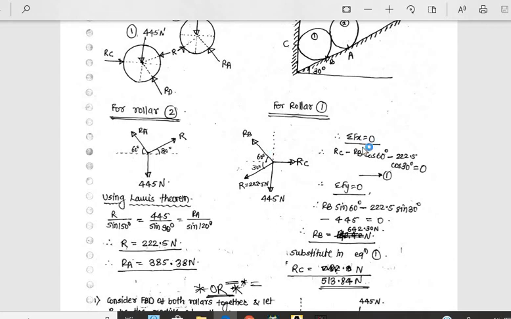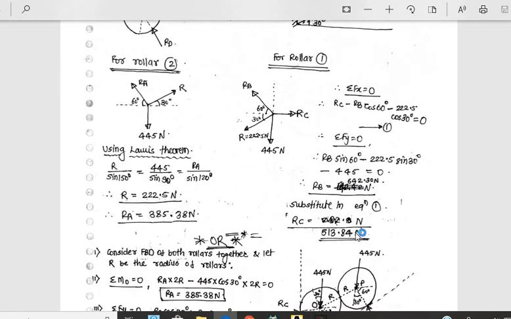Summation Fx equals 0: RC minus RB cos 60 minus 222.5 cos 30 equals 0, equation 1. Summation Fy: RB sin 60 minus 222.5 sin 30 minus 445 equals 0. Therefore RB comes out to be 642. Put the value of RB in equation 1 and you will get RC as 513.84.